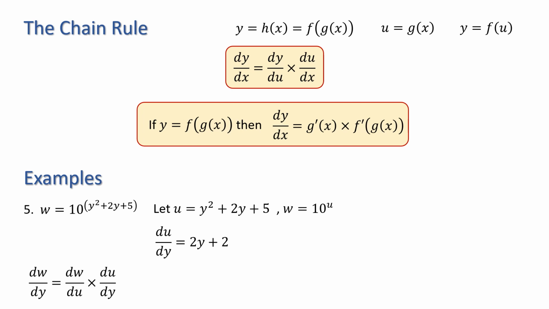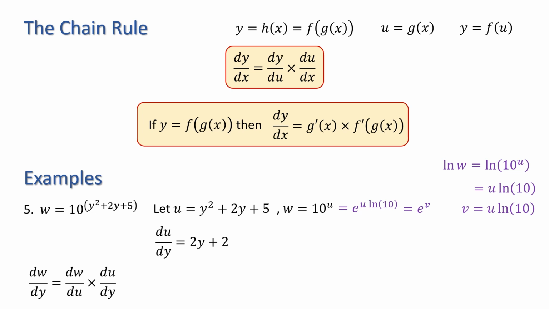Taking the natural log, we can see that ln w equals the ln of 10 to the u, which is equal to u times ln 10. Thus w can be written as e to the u ln 10. To differentiate w with respect to u, we need to use the chain rule again. If we write v equals u ln 10, then w can be written as e to the v.